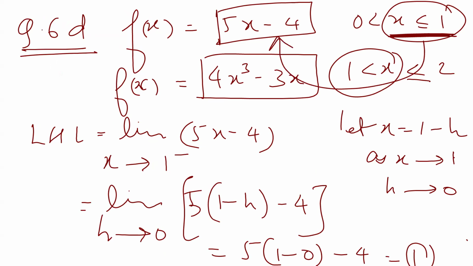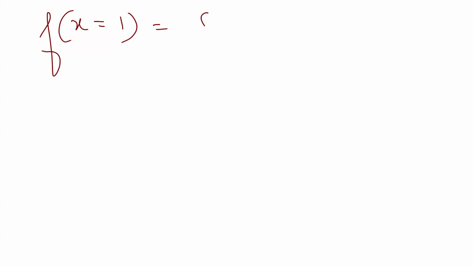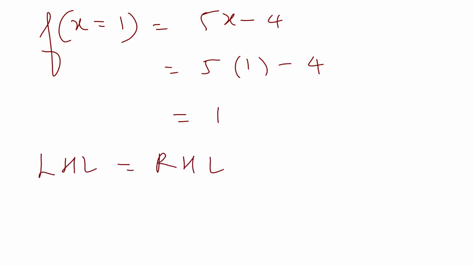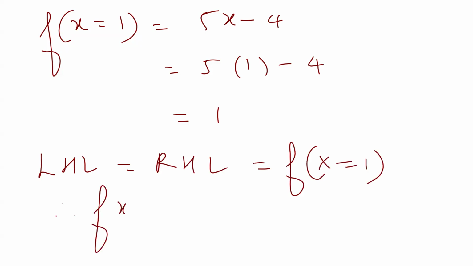So when LHL and RHL are equal, you have to check the third thing also. So 5x minus 4, put x equal to 1. So this is also 1. So LHL equal to RHL equal to f of x equal to 1. So f of x is continuous at x equal to 1. So that is our solution.